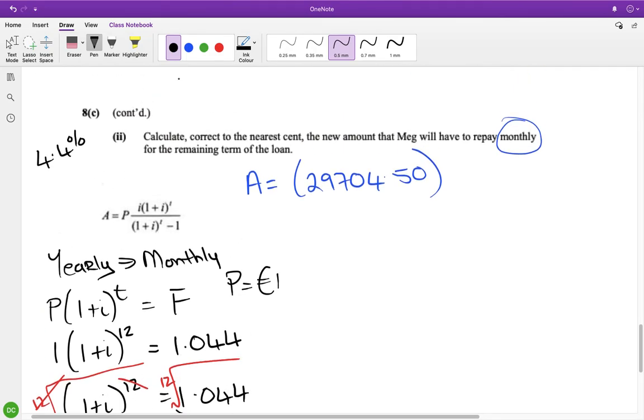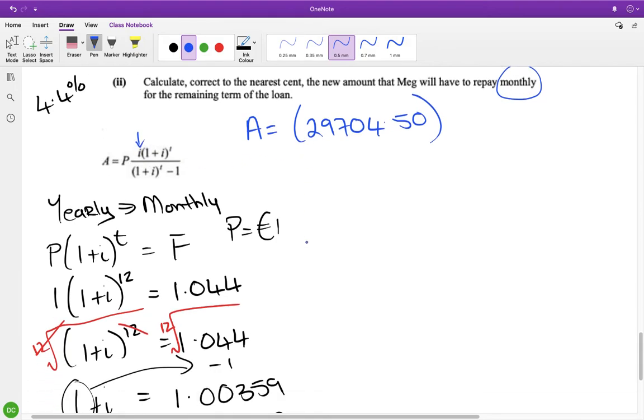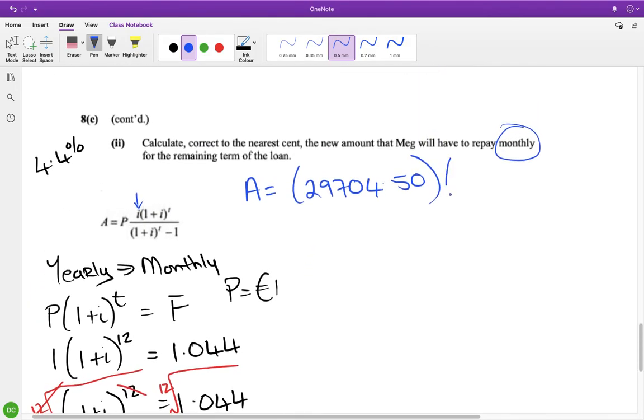Okay, so now I can go back to my formula. I know what the interest i is now. It's 0.00359.